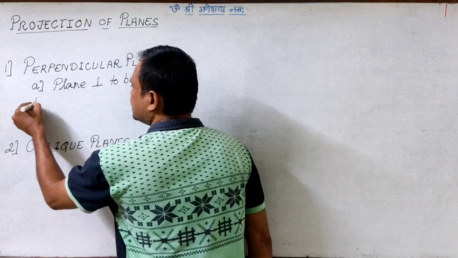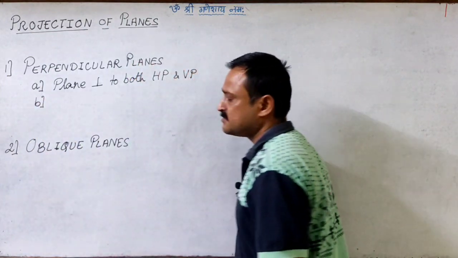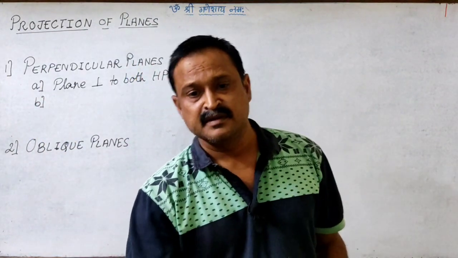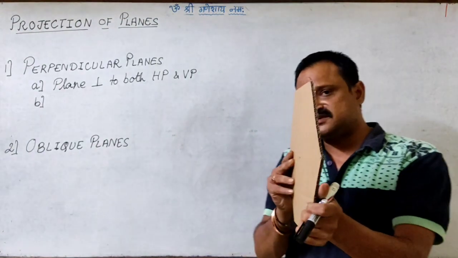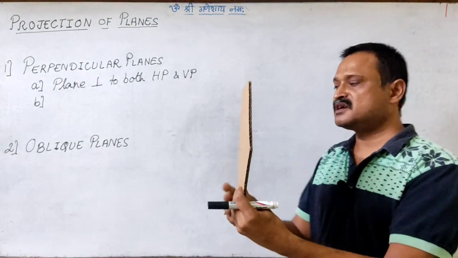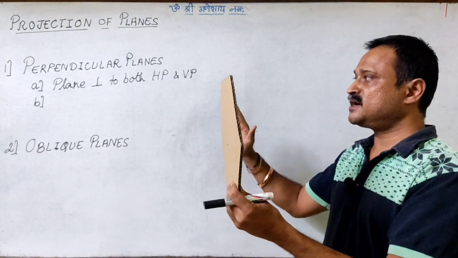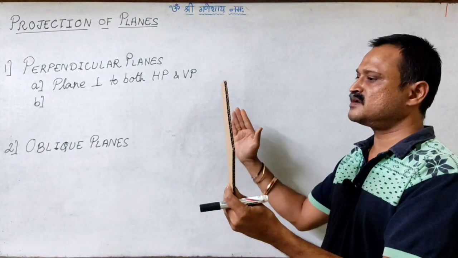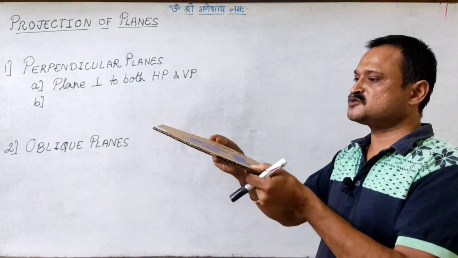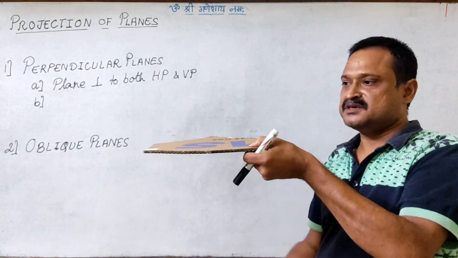Now what can be the second case? At this condition, this plane is perpendicular to both the reference planes. Now keeping it perpendicular to VP, the vertical plane, I can make this plane parallel to HP.